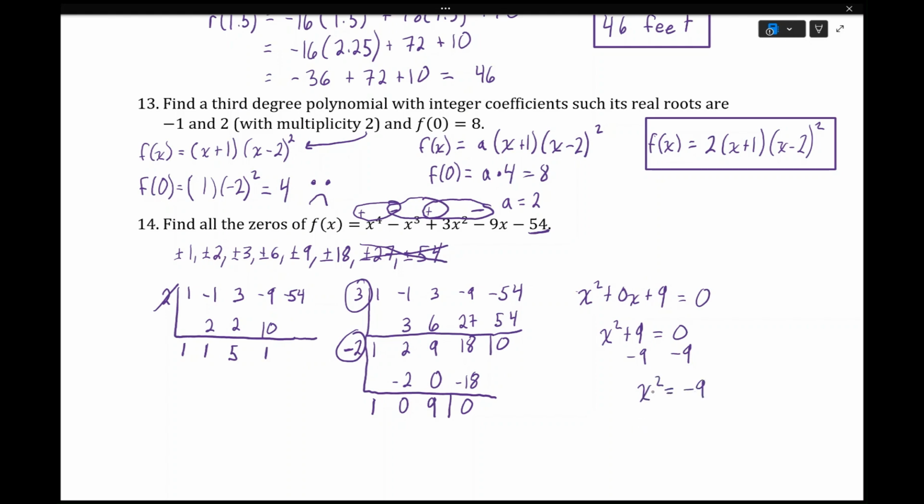Uh-oh, what happens when I square root a negative? Previously, we said you couldn't do it, but in this class, we have talked about i. The square root of -9 is 3i, so I end up with plus or minus 3i. So my zeros are 3, -2, 3i, and -3i.